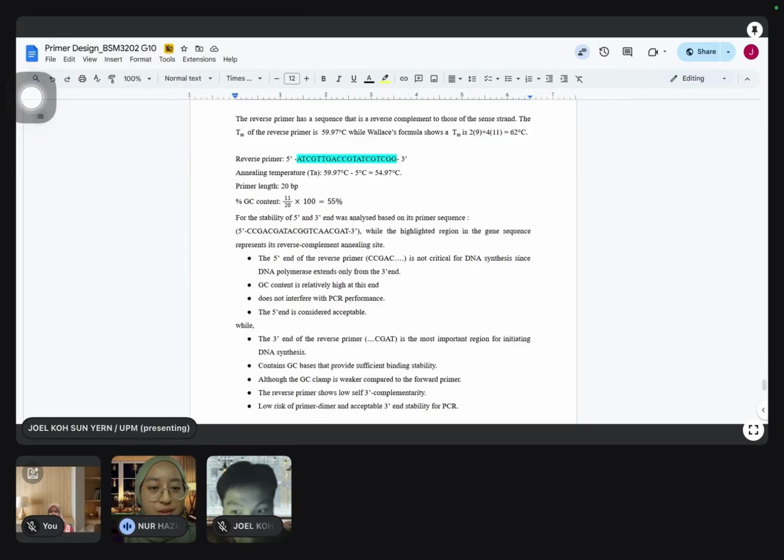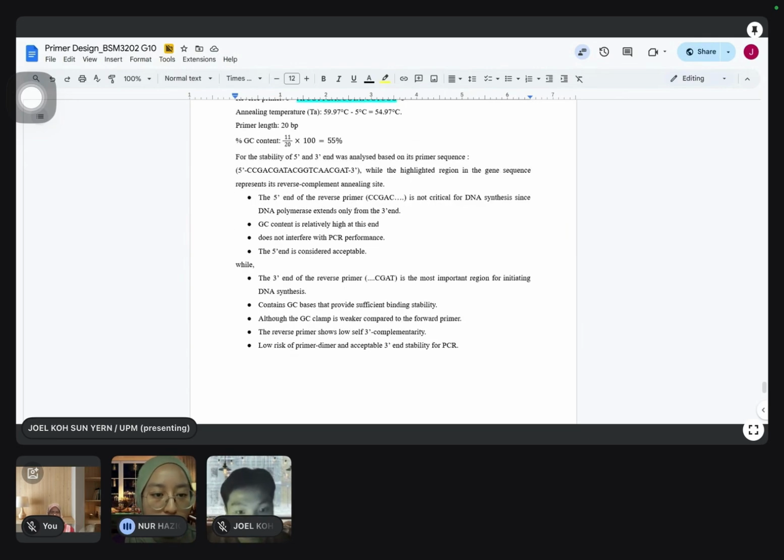So that sequence CCGAC at the 5' end of the reverse primer is not critical for DNA synthesis since DNA polymerase extends only from the 3' end, and their GC content is relatively high at that region, but it does not interfere with PCR performance. So the 5' end is considered acceptable, while the 3' end, which is CGAT, is the most important region for initiating DNA synthesis.